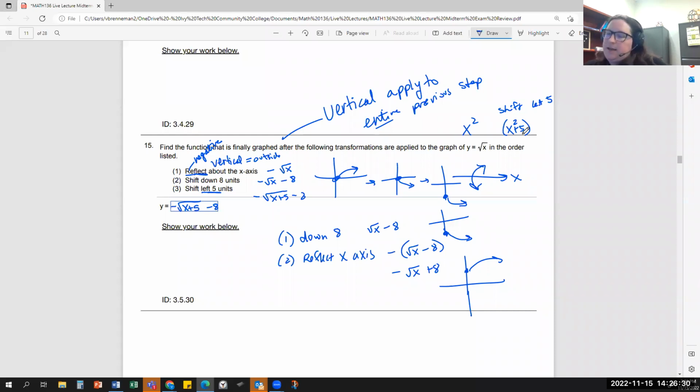Inside doesn't mean just inside parentheses. It means inside of the actual function action. So it has to be inside of the square. So it would be x plus 5 squared. So that's as far as things I see done wrong on this type of question.